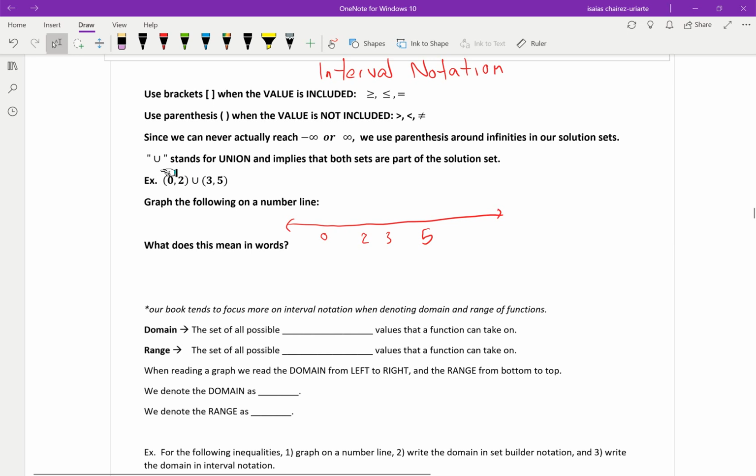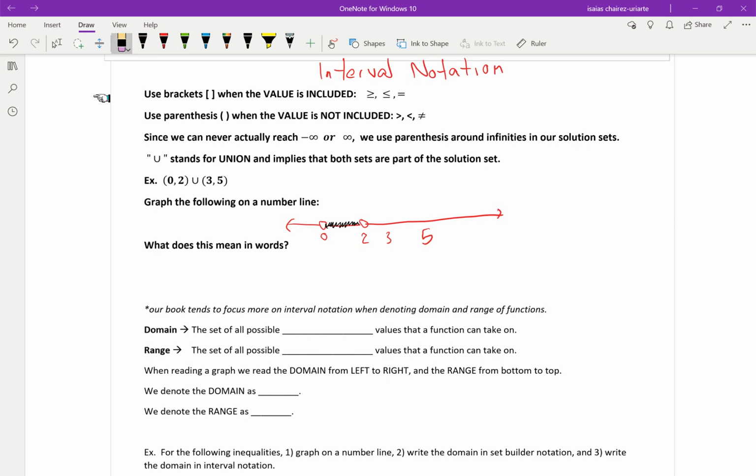It's all the real numbers between 0 and 2. That includes fractions and decimals, so things like 1.3562, 1.999999815. Those are all values between 0 and 2, but not including 0 and not including 2. Since 0 and 2 are not included, I'm going to make a little hole there at 0 and 2 to indicate that 0 itself and 2 are not included, and everything in between them is included.